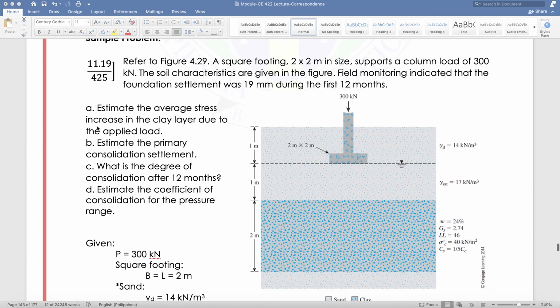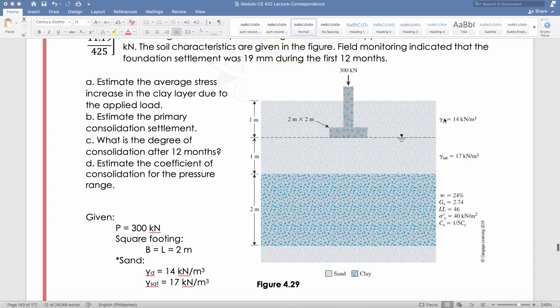Letter A, estimate the average stress increase in the clay layer due to the applied load. So what is the average stress in our clay? Okay? Letter B, estimate the primary consolidation settlement. Letter C, what is the degree of consolidation after 12 months. And letter D, estimate the coefficient of consolidation for the pressure range.